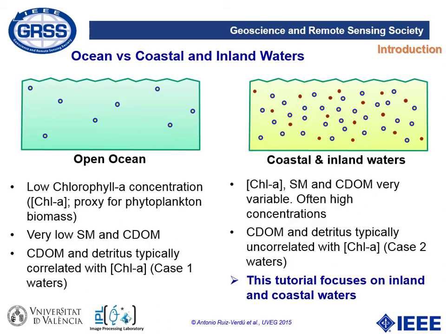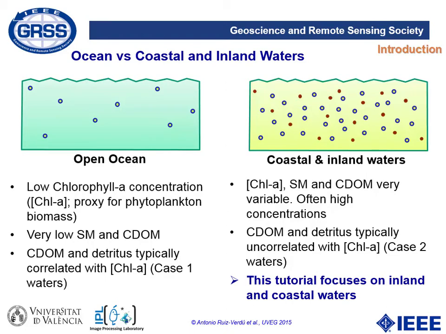In contrast, coastal and inland waters are much more complex. Chlorophyll A, suspended minerals, detritus, and CDOM are very variable, and often in very high concentrations. So the concentration of chlorophyll, for example, can go in several orders of magnitude from 0.1 to 100 micrograms per liter, or even up to 1000 in very high chlorophyll concentration in what are called blooms of phytoplankton, or excessive or massive growth of phytoplankton.